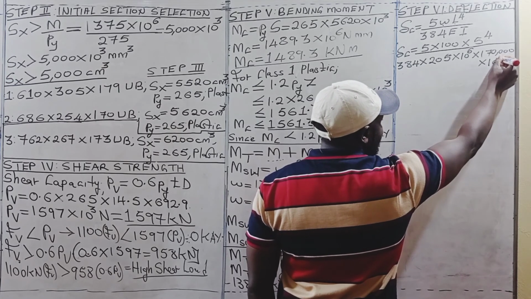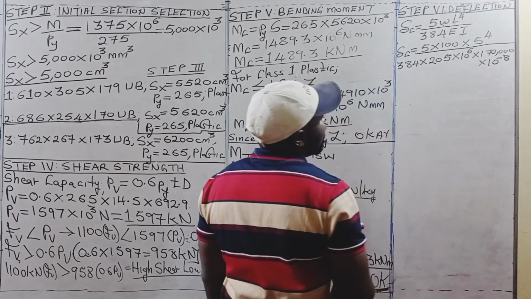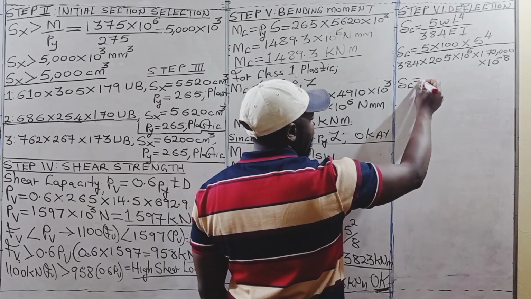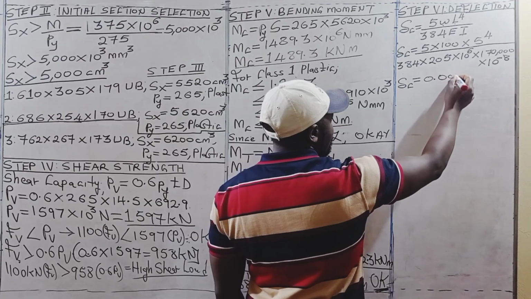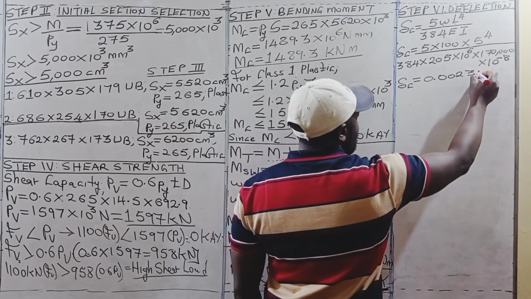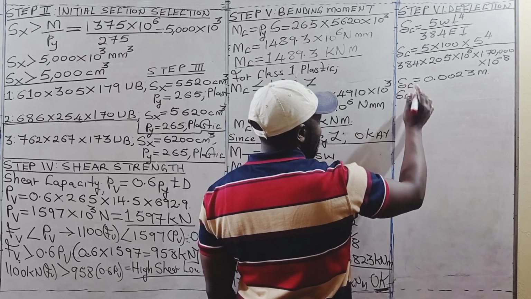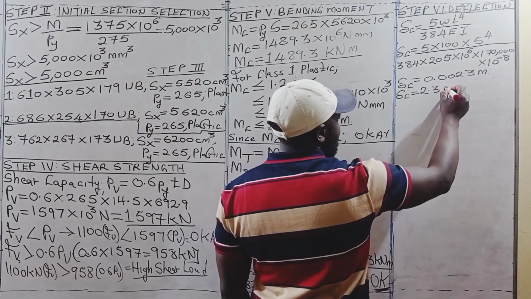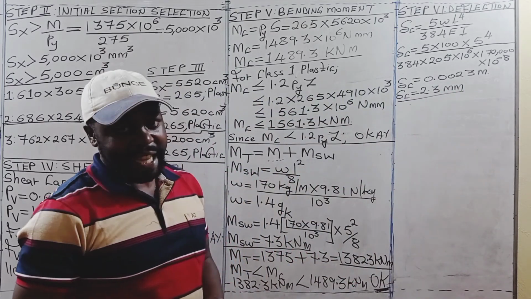Therefore, this will be 10 raised to the power of -8. And that is going to give us a deflection at the center of 0.0023 meters. When you convert that to millimeters, we are going to have a deflection of 2.3 millimeters. Therefore, that is the deflection of this beam at the center.